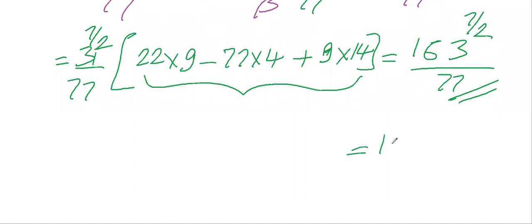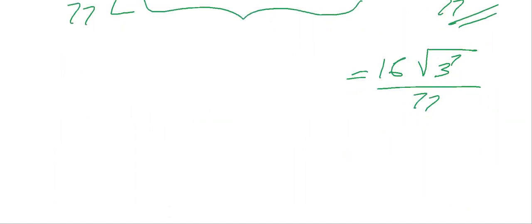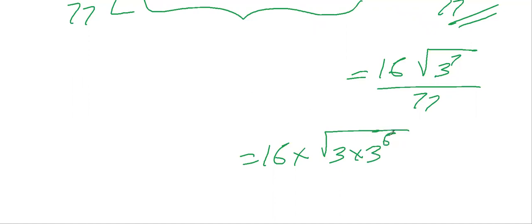If you want, you can even write this as 16 times the cube root of 3 to the power of 7, upon 77. Or you can write this as 16 into the square root of 3 into 3 to the power of 6, divided by 77.